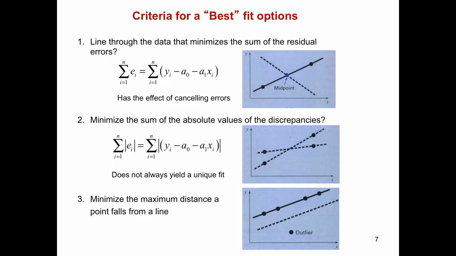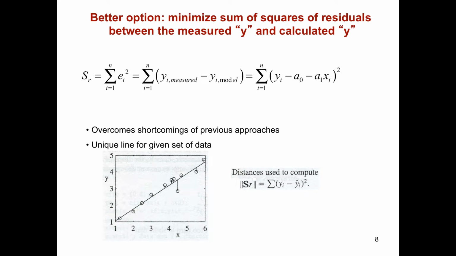So what fixes all of these cases is taking the square of the distance. Mathematically, you're better off minimizing this sum than in the case of the absolute values, and it just works a little better and makes it easier to find.